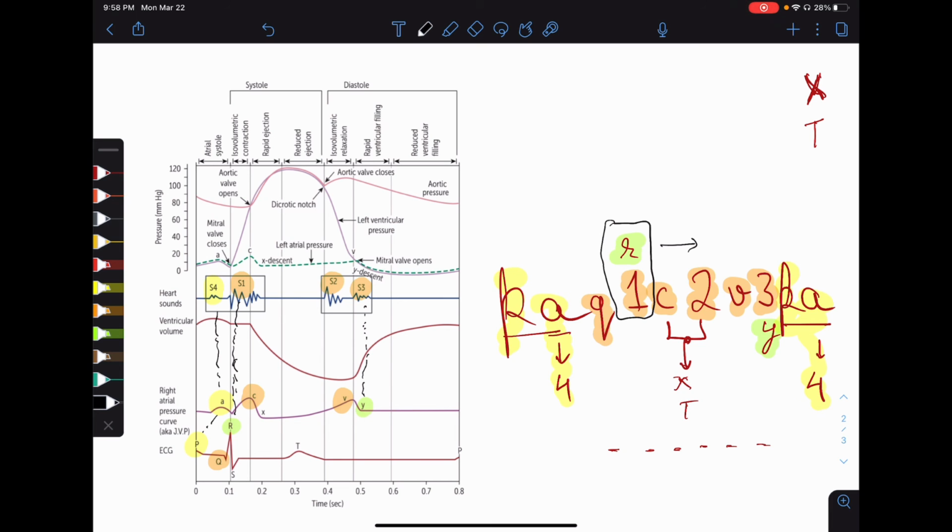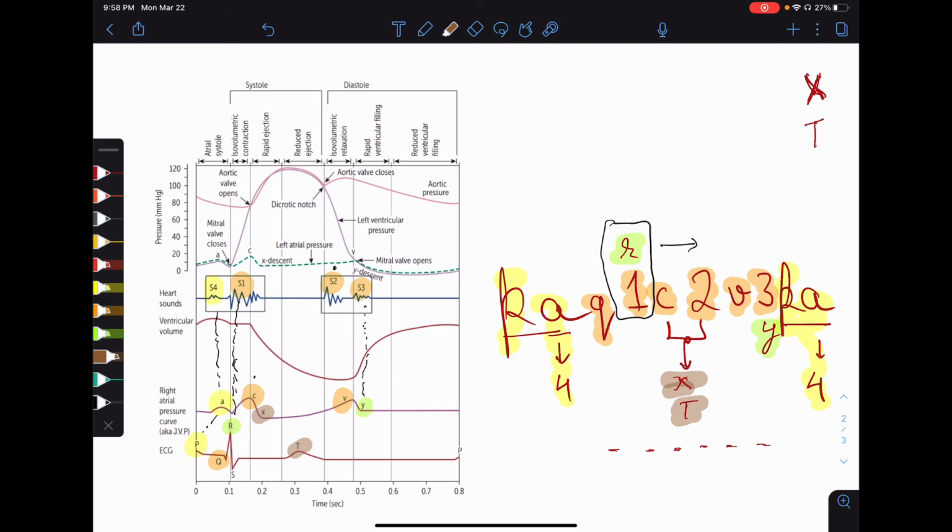So you have C here, you have 2 here, and then you will find first X and then T. So this is the way to remember this diagram.